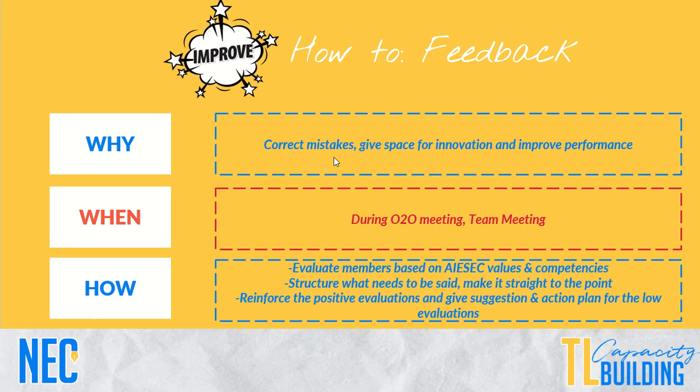You can check when is the best moment to provide this feedback and how to deliver it in the best way possible. And how: we need to evaluate our members regarding the values, the competencies, and the functional skills that they have, and give them feedback in order to help them achieve these values and competencies better. So you need to structure what you are going to say: what do I want to transmit with this feedback, and how am I going to transmit it.